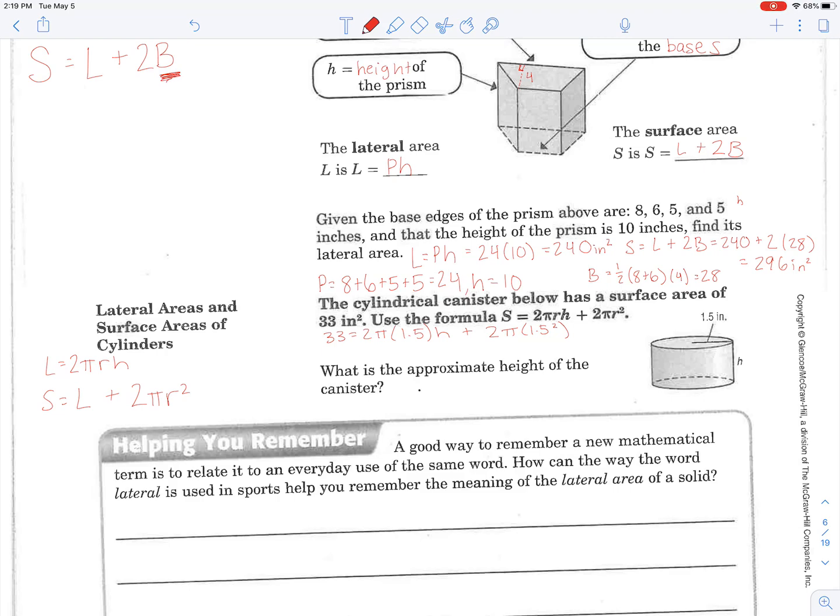So I'll start by doing 2 times pi times 1.5 times H, plus 1.5 squared times 2 times pi.